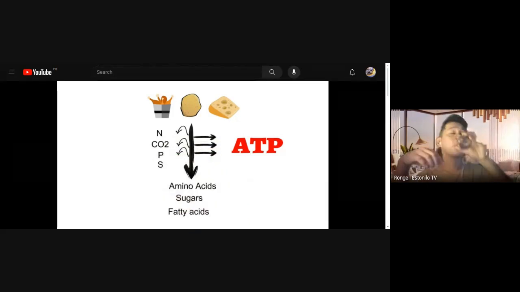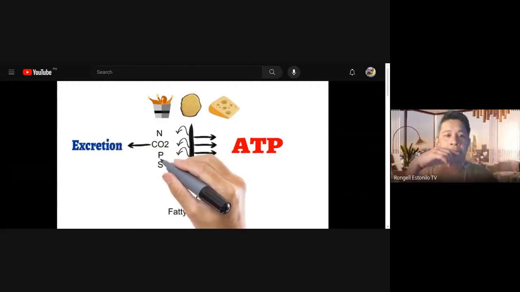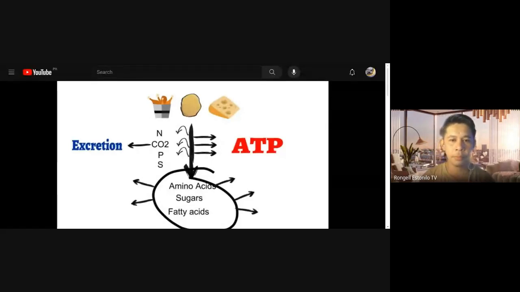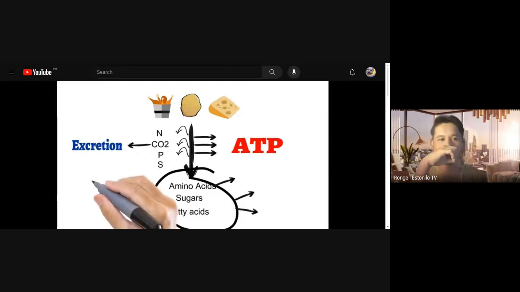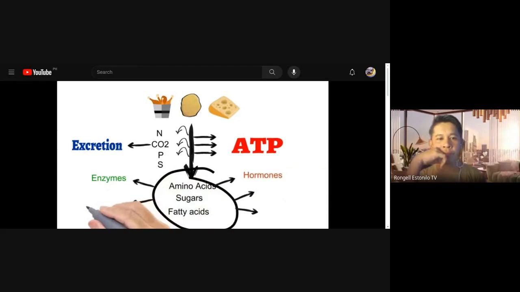Such waste material is excreted outside the body by different ways. Now these simple molecules can be used again to produce different complex and large molecules which can play different roles in our body, for example enzymes, hormones, receptors and even hair and nails.